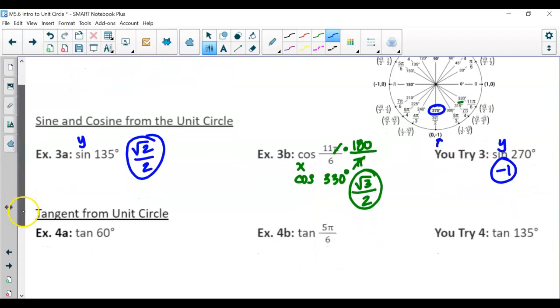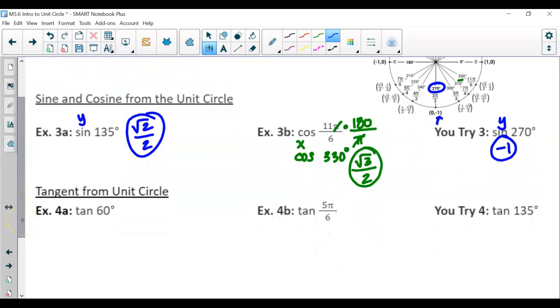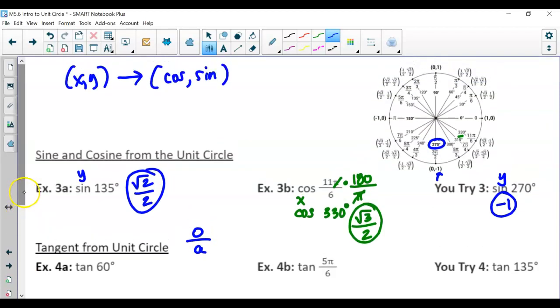Now, tangent is a little tricky because, if you recall, tangent is opposite over adjacent. So if you think about it, sine was always opposite and cosine was the adjacent, and then of course the hypotenuse for both.